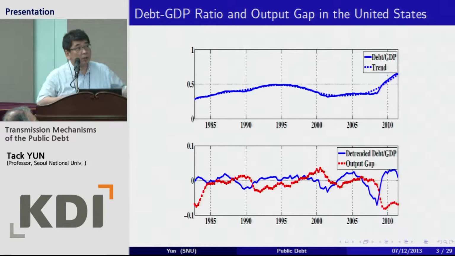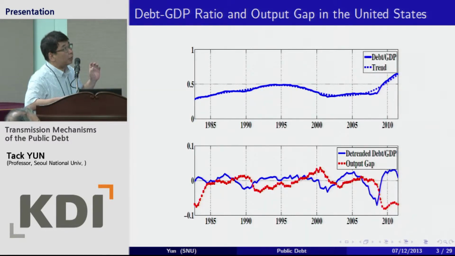So here, these figures summarize my empirical motivation. In the upper panel, there is the ratio of the public debt to GDP in the United States. It starts in the early 1980s and runs until 2011, 2012.